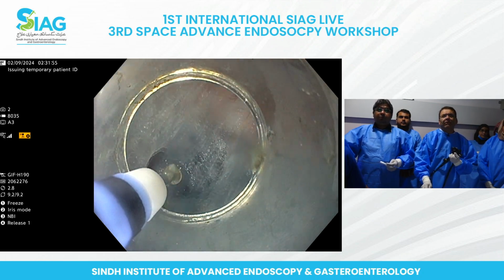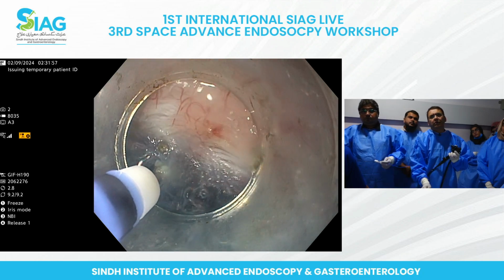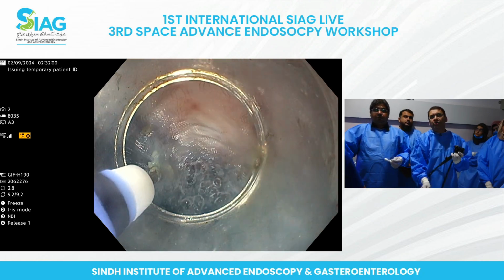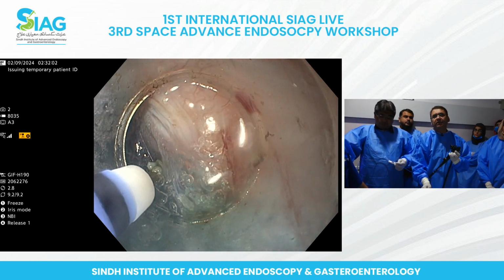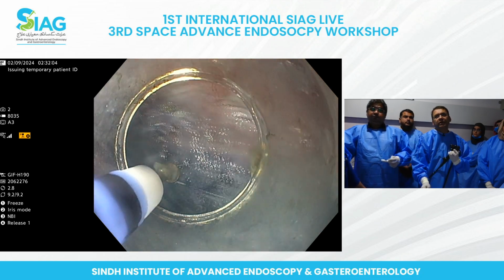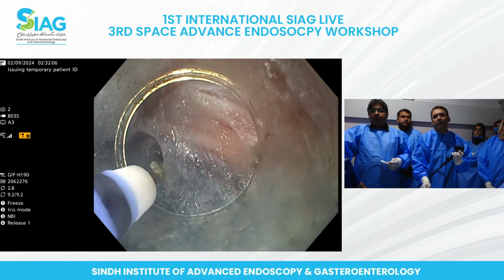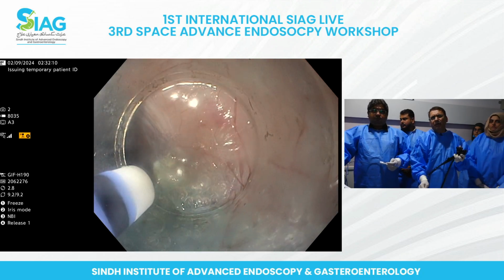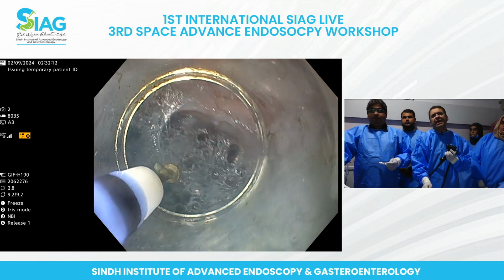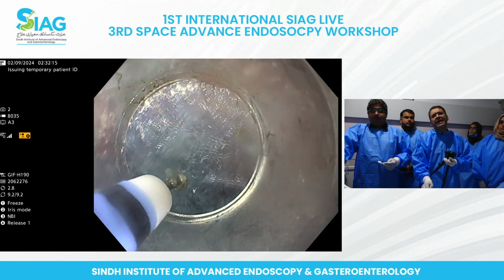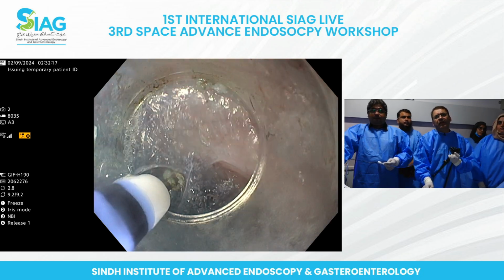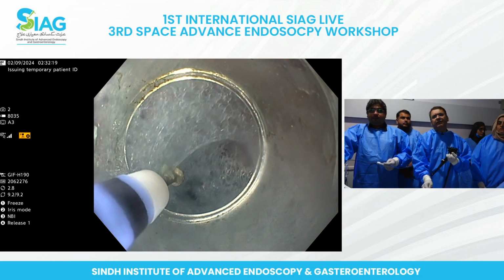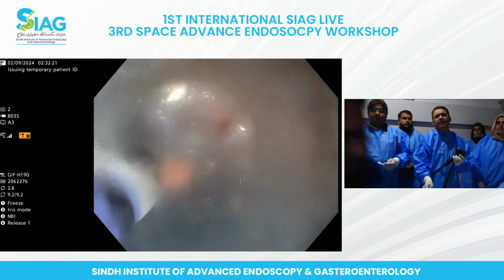I think we're good right there. So with the RB, you're injecting with the same knife? Yeah, same knife. So that's a big advantage, isn't it? Yes. And you see how nicely I'm staying away from my mucosal side. I'm facing towards the muscle, so even if I cause a muscle damage, I'm happy, no problem.